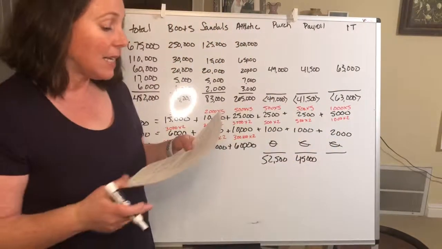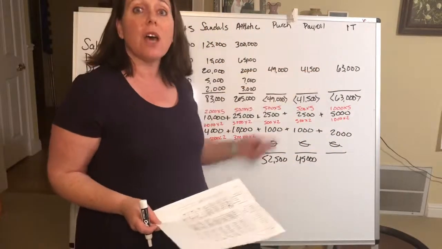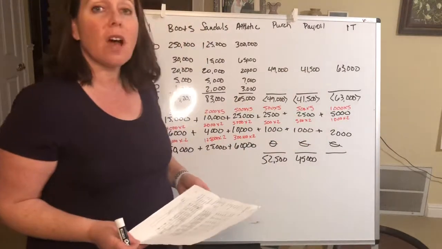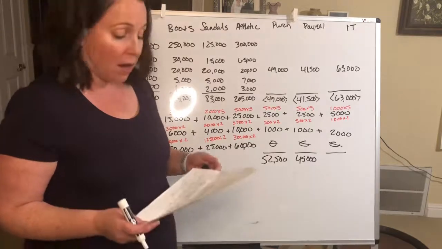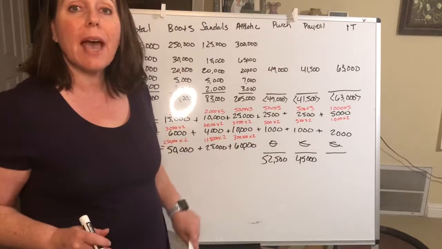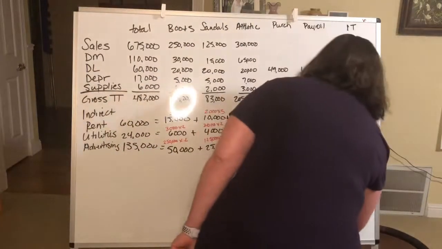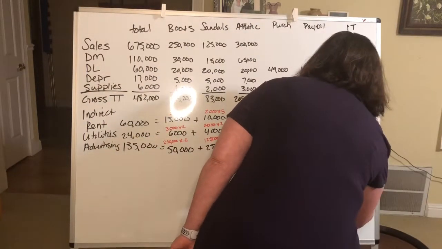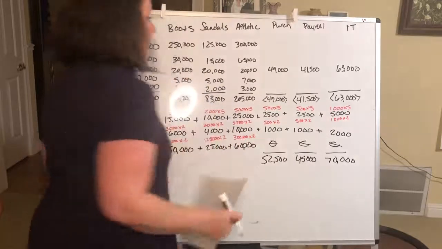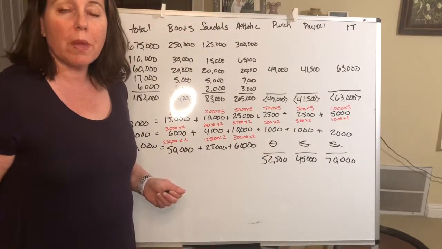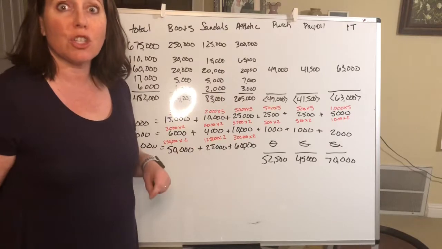And IT had $63,000 of direct labor, plus another $7,000 of indirect costs, and so the total amount to be allocated from IT will be $70,000. All right, so I'm going to go ahead and make us some room on the board, and then we're going to allocate our service costs.